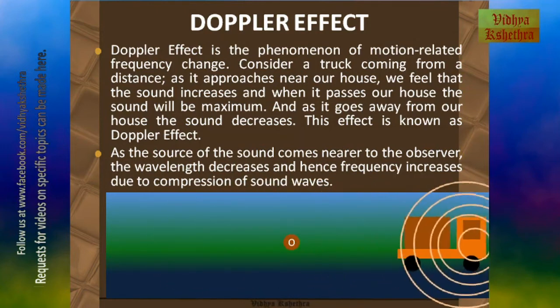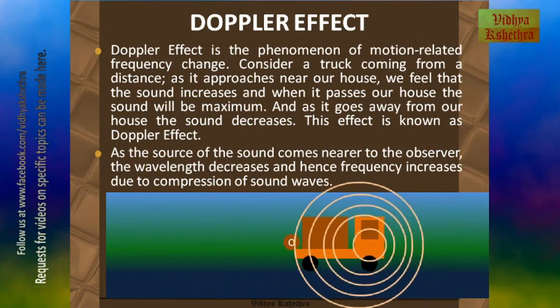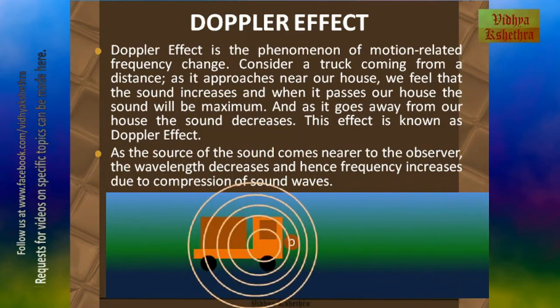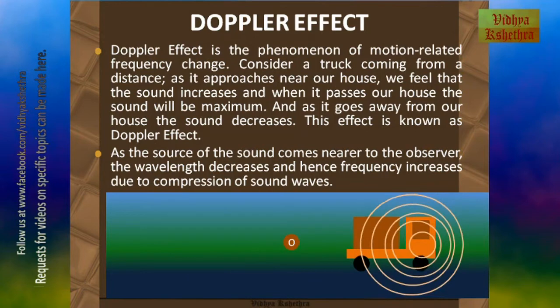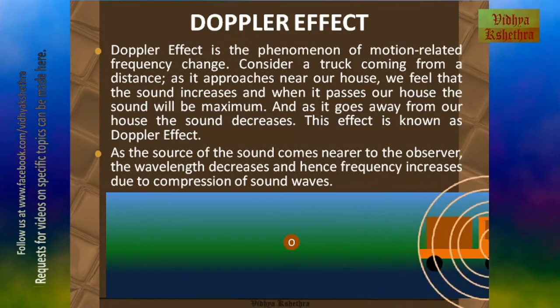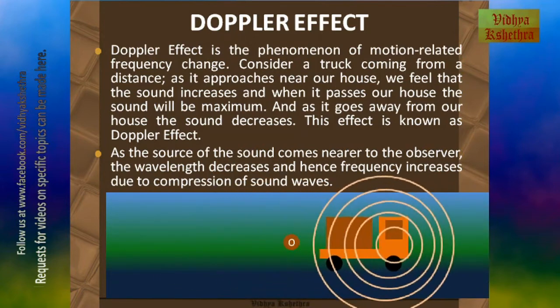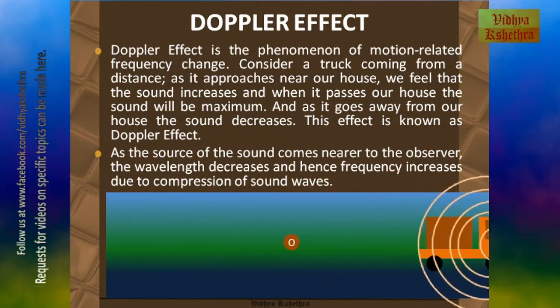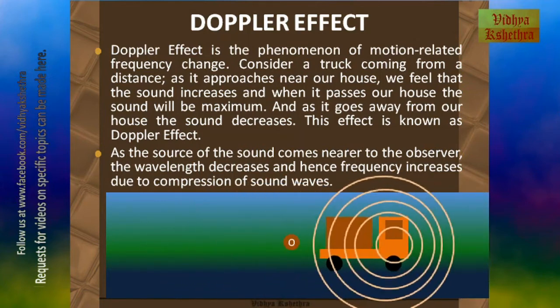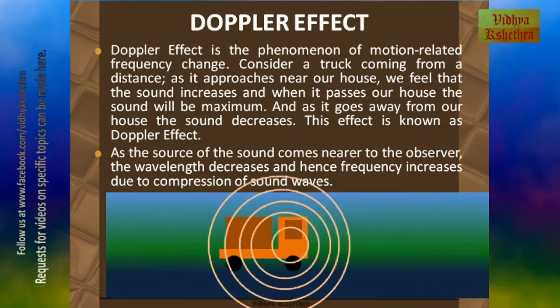This is because the waves are compressed in the front, and the waves coming from the back of the truck, that is after the truck passes the observer, have an increased wavelength.